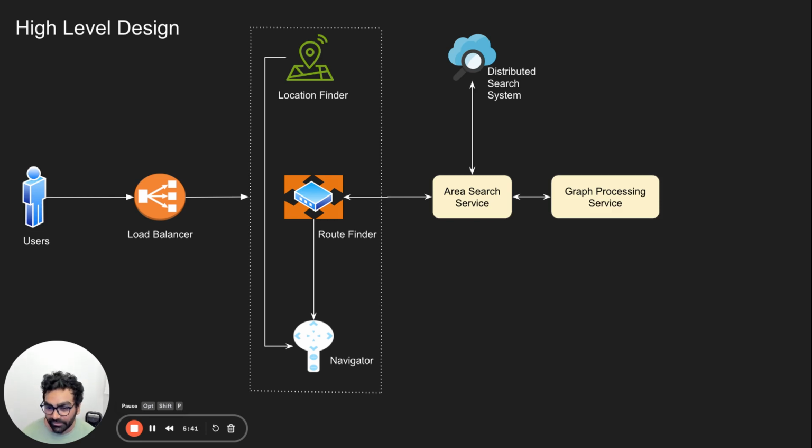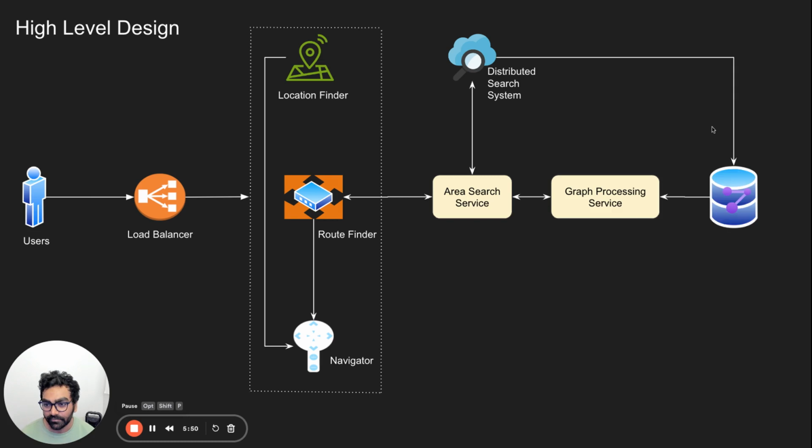The responsibility of the graph processing service is to find the shortest path between the source and destination, and it saves all the processed data into the graph DB. Once we get the shortest path, we return it to the route finder and then to the user.